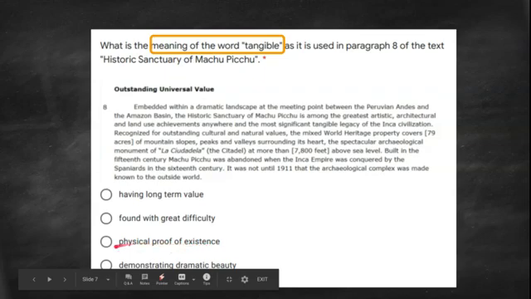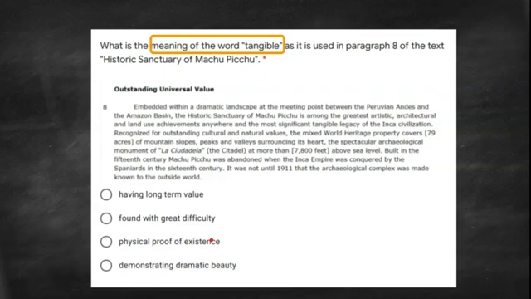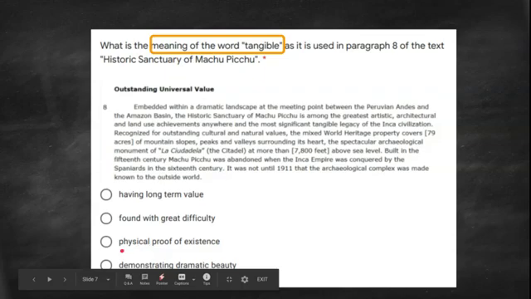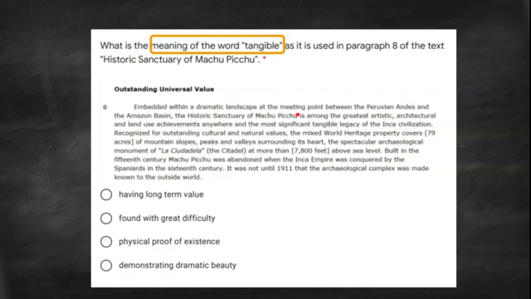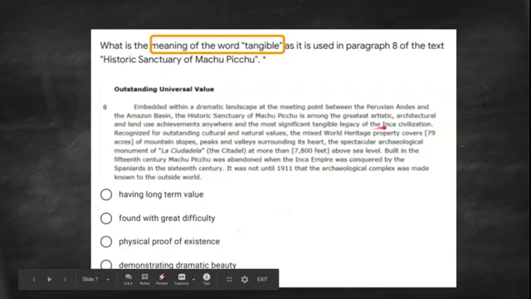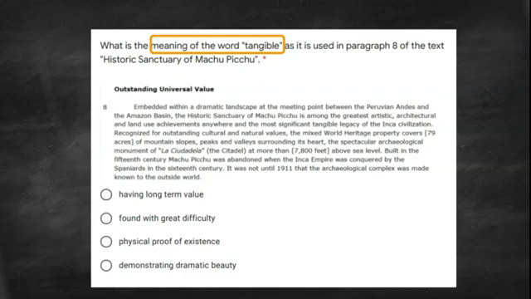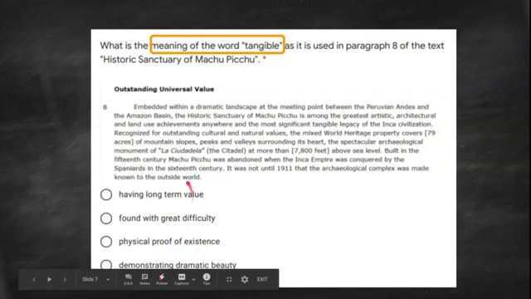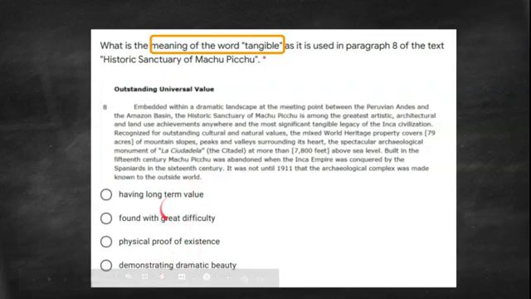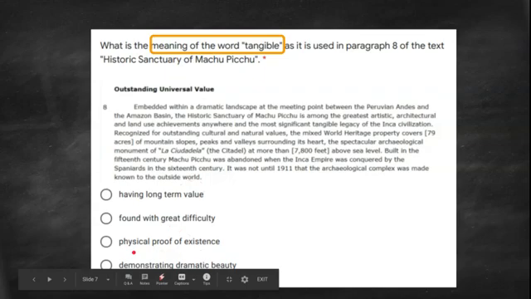Tangible means able to be touched. So if something's tangible, you can touch it. That's why this one is correct, physical proof of existence. So the sanctuary of Machu Picchu was the most significant physical proof of existence of the Inca civilization. You got to put a lot of pieces and parts together there to find the one that makes sense, because all of these are true to the story, but they don't explain tangible.